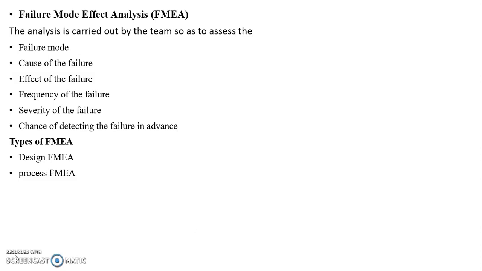For example, rejection of goods due to invoice error, material wrongly delivered due to wrong addresses, payment not received due to data entry error, etc. These are some examples of effects of failure.